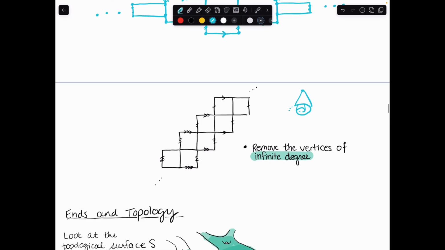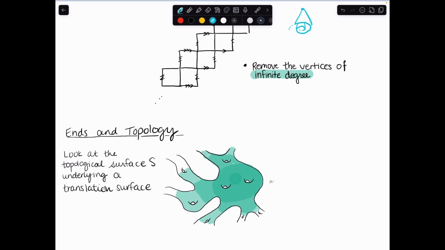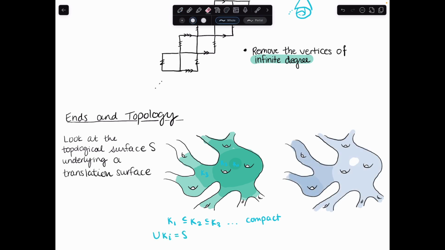All right, now in this talk we're talking about surfaces of infinite type, and so we need to take a moment to understand ends of the surface and topology. So if we look at the surface S underlying a translation surface and create an exhaustion of S by compact sets, K1, K2, K3, so on and so forth, and then we look at connected components of the complements of the K. So that's the complement of K1, and we're going to call it U1.